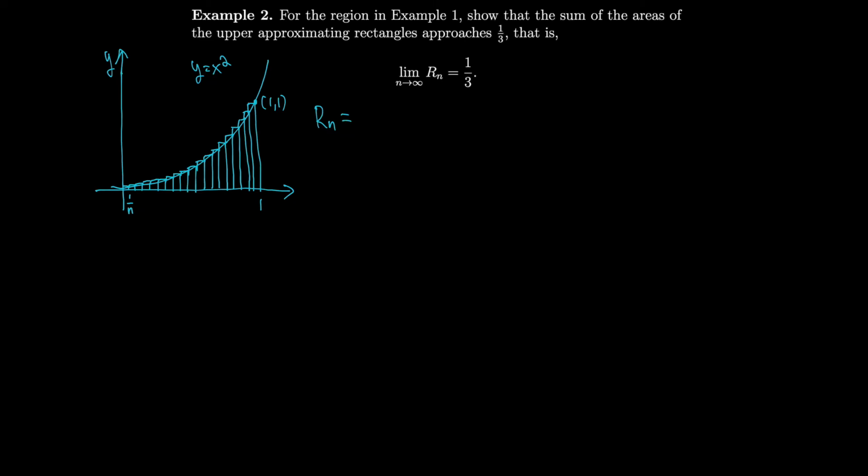Well, each rectangle has a width of 1/n, so the first one has width 1/n, and its height is the y value at 1/n, so that's 1/n squared. The second one also has width 1/n, but the height of the rectangle in this case is the second x value, right? It's going to be the y value at that second x value, so it's the y value at 2/n.